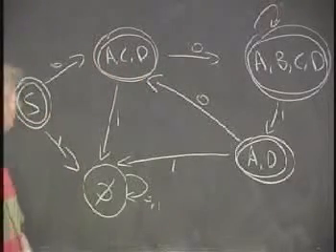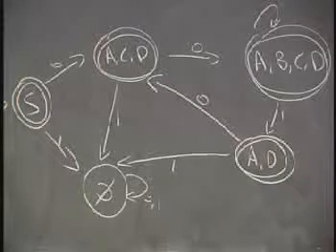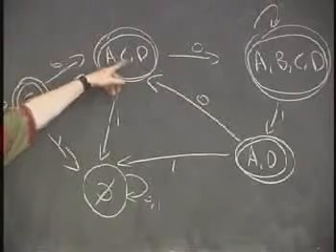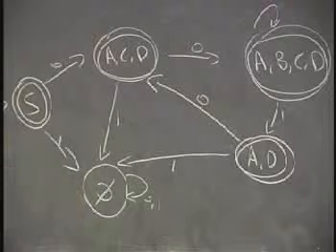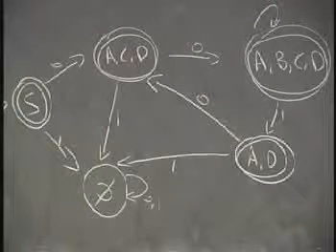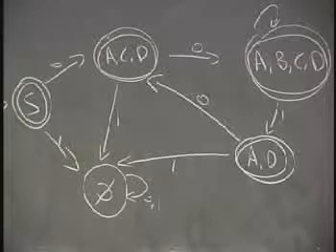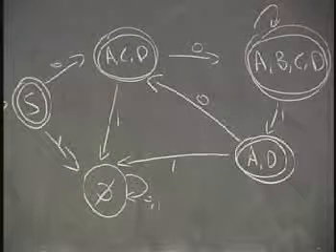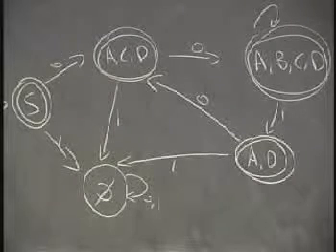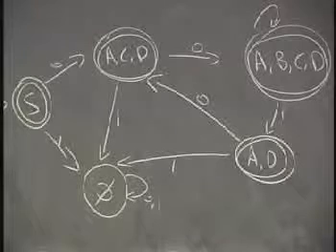All it means is that if you ever end up here, then the string that you read could have ended up in the original machine in either A, C, or D. So it's the union only in that sense. But I don't think you can go any further with that analogy. So what's going on?